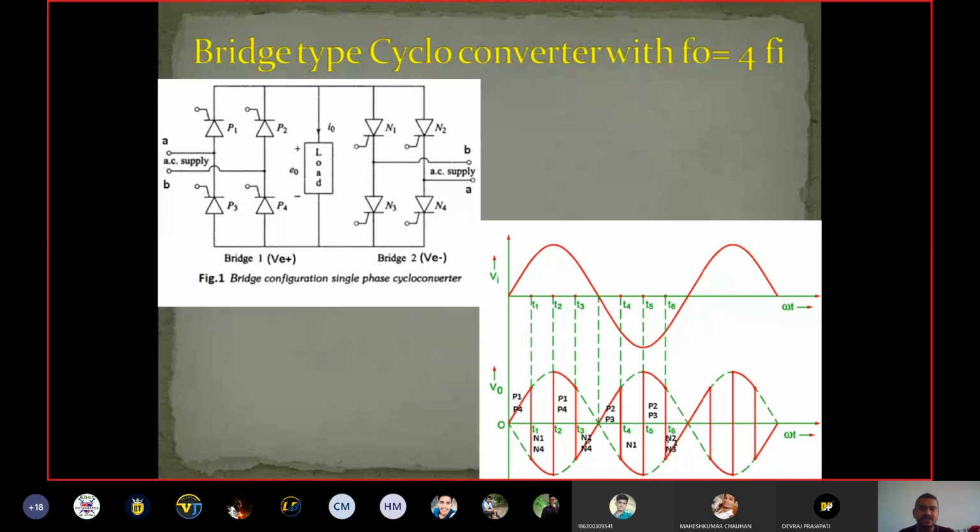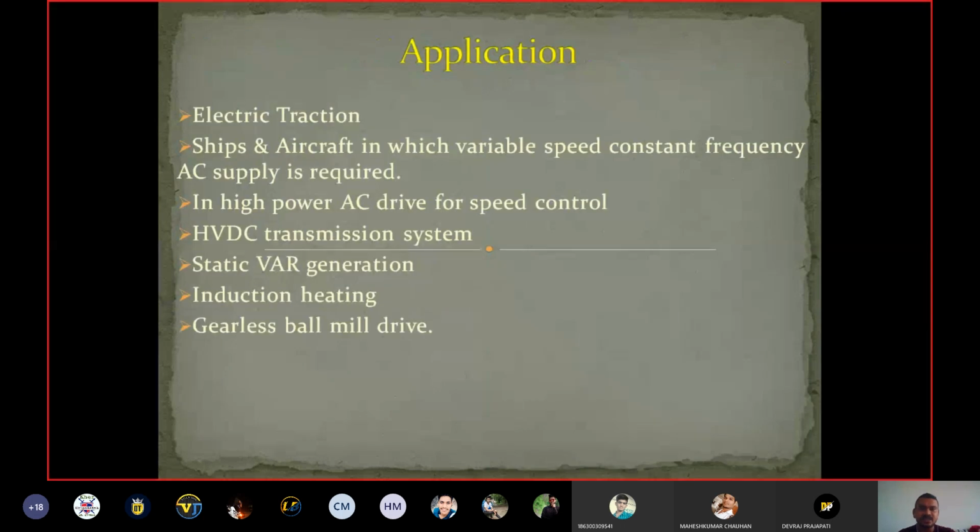Okay, now next are the applications of the cycloconverter. We can use this cycloconverter in electric traction, in which we have to adjust the frequency. So by using it, we can adjust the frequency in the electric traction system.